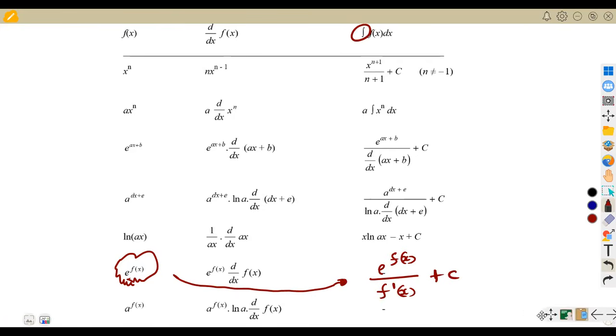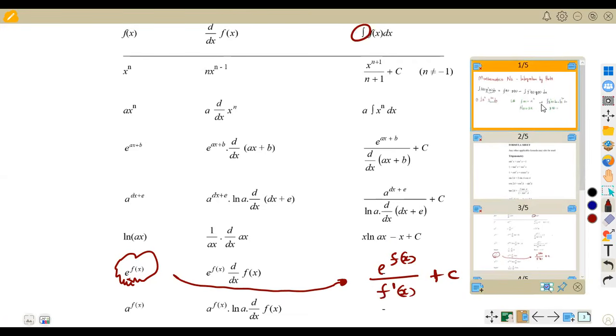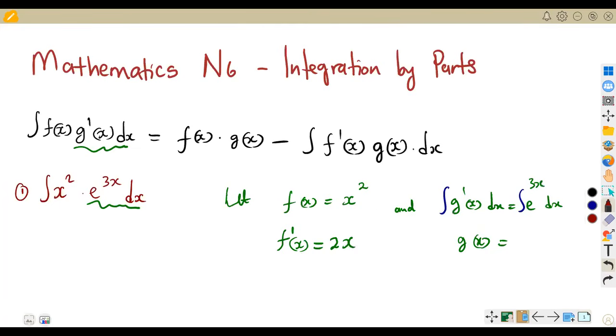So whenever I see this e, let us go back to our question. I showed you there how you work out e. Only that here it's not given, so you're supposed to be careful on e, but you're supposed to know this.